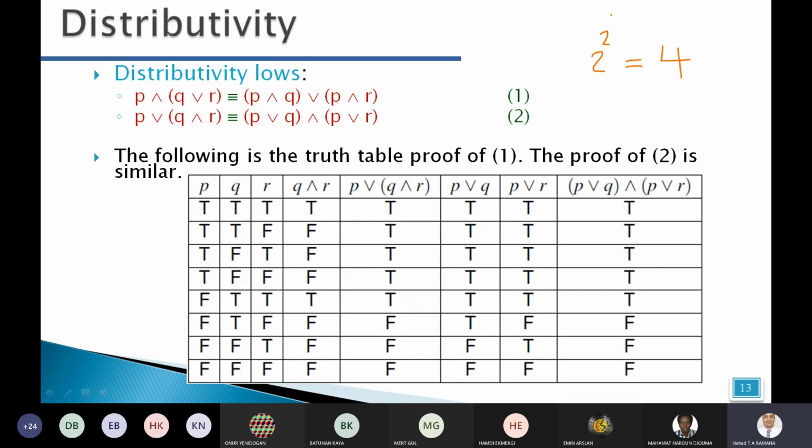Okay, if you have 3 propositions and we have 2 possibilities each, then we have 8 possibilities here. This 2 is because we have 2 choices, true or false.